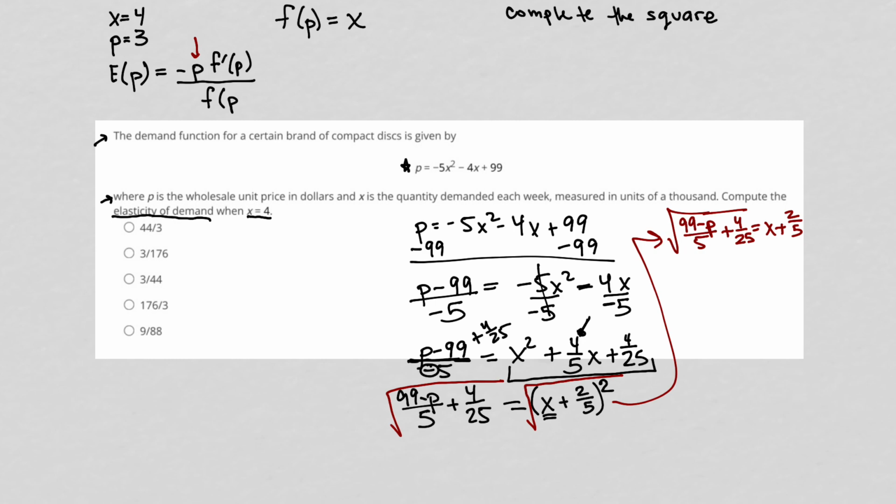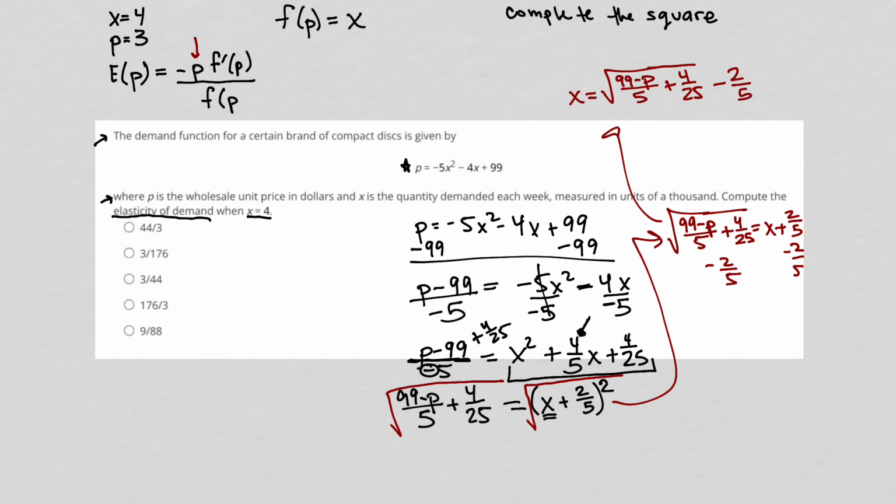Because now I only have an x. So it becomes very simple to just subtract 2/5 from both sides and isolate x. So I'll have here just x equals the square root of 99 minus p all over 5 plus 4 over 25. Again, that's all still under the square root. But then my minus 2 over 5 is not under the square root.